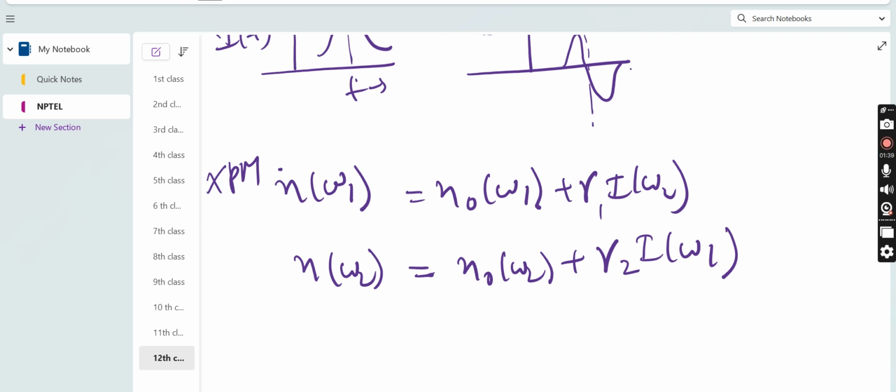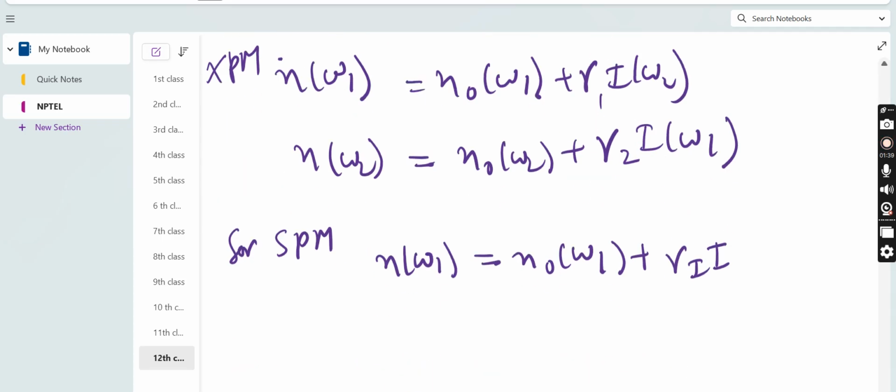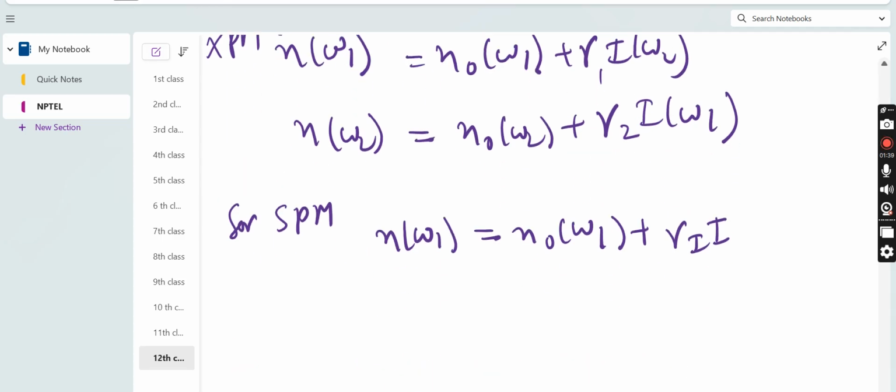Similarly, for self phase modulation, this thing changes. So what will happen for self phase modulation? For self phase modulation, n of omega 1 would be n naught of omega 1 plus gamma 1 I of omega 1.